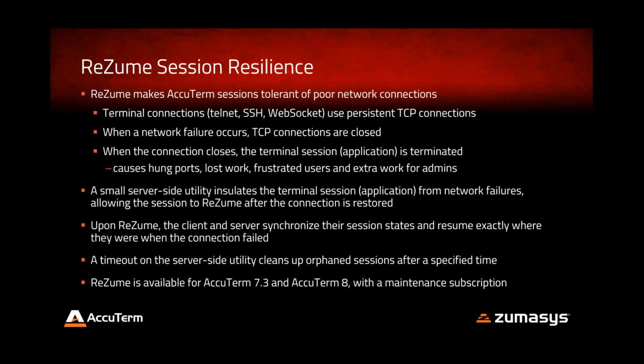If the application detects that the connection's gone down, then usually it has to be wrapped up, and sometimes it won't do it itself. You'll have to get an admin in to log it off. Sometimes you'll have file locks that are stuck and other resources that need to be freed up, and it just causes a lot of frustration for users and extra work for admins, and we just wanted to solve it. So that's what ReZume is.